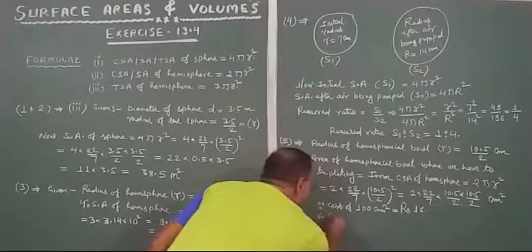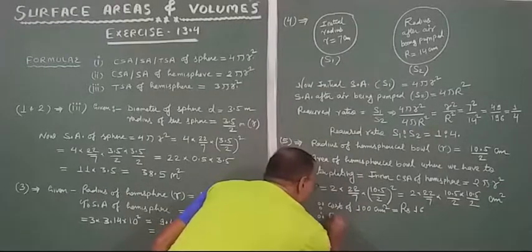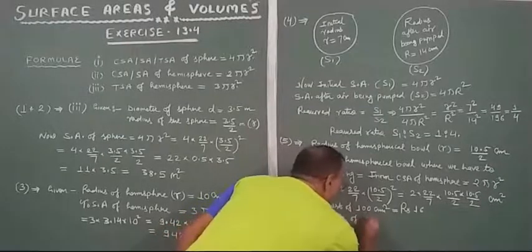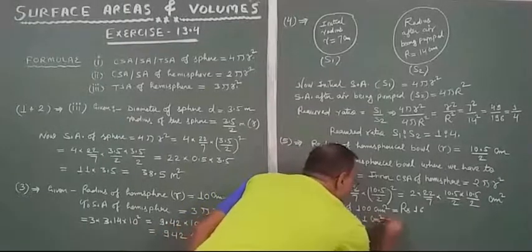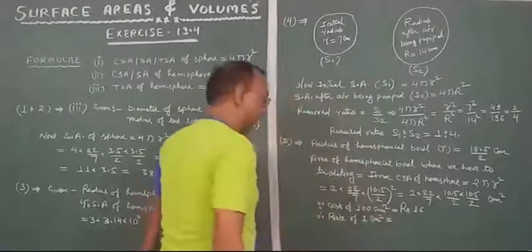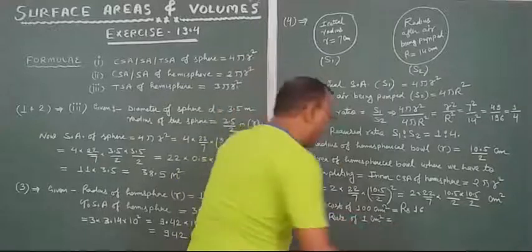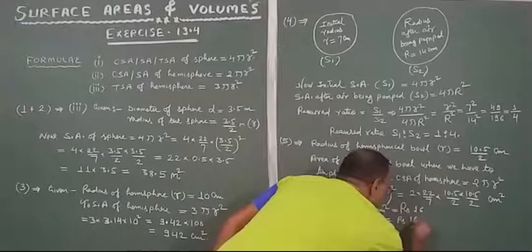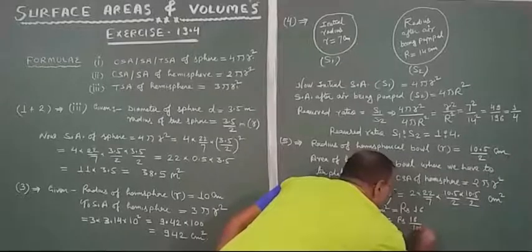Therefore, the rate of 1 centimeter square will be, when you divide 100 upon 100 it is 1, so the same you do on the right hand side, 16 upon 100.